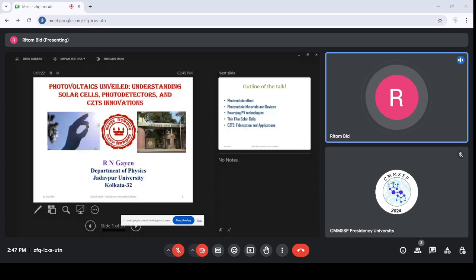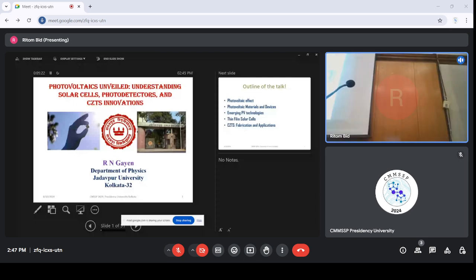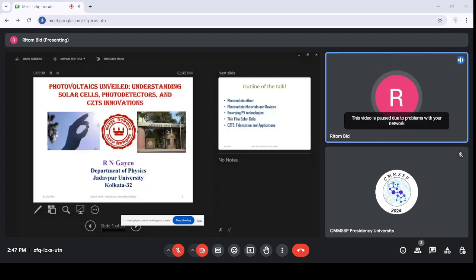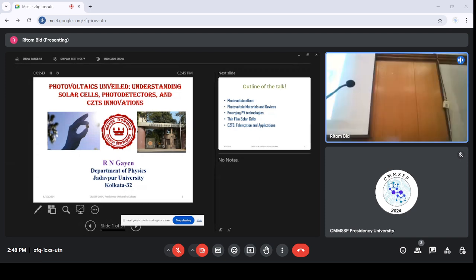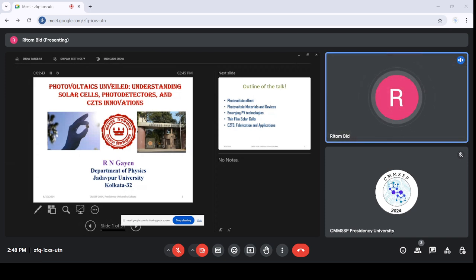Any technology uses some specific properties of materials for certain purposes, right? So the materials are important. I'll talk about the materials and photovoltaic devices made of some materials, and specifically I'll mention one emerging material, CZTS, that stands for copper, zinc, tin, and sulfide. It's a quaternary semiconductor material, and its use as photovoltaic devices.